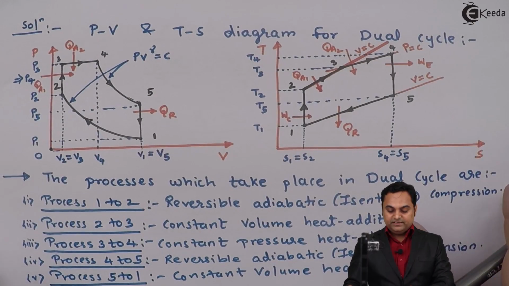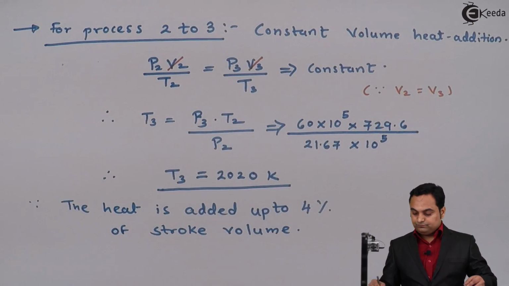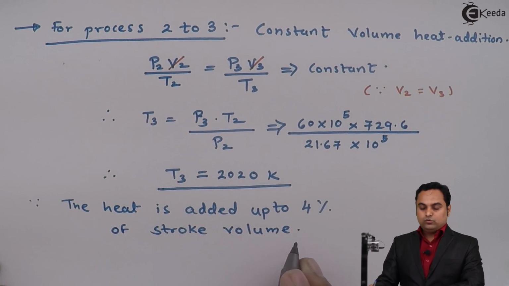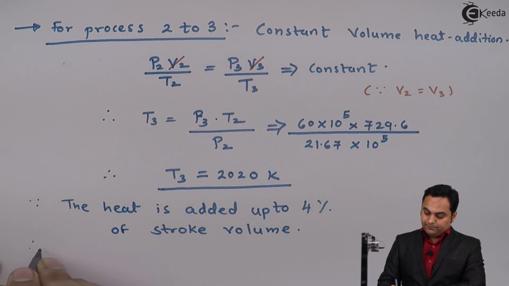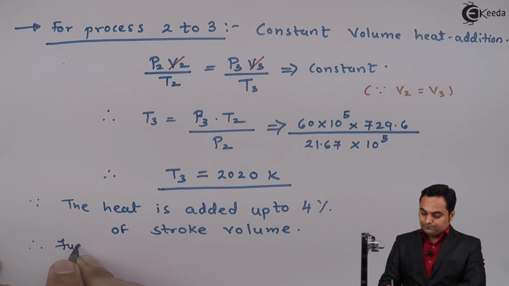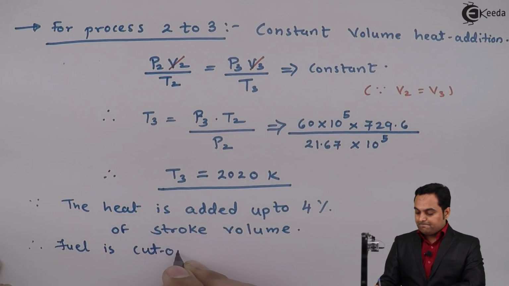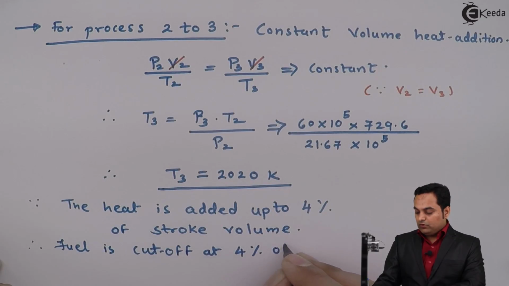That is, since the heat is added up to 4% of the stroke volume, it means that the fuel is cut off at 4% of stroke volume.